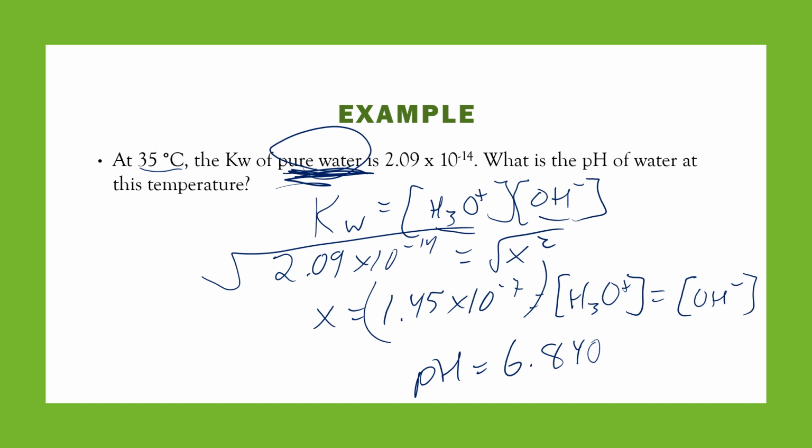Now, even though that's less than 7, it's still neutral because they tell you it's pure water, and we know that the hydroniums and hydroxides are equal. It's just that the actual pH point for neutral is lower at that higher temperature.